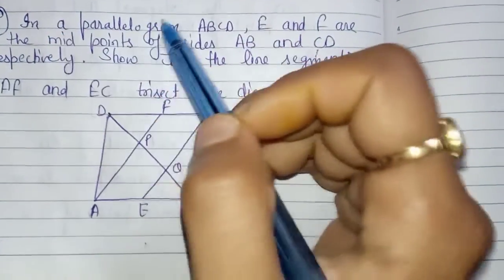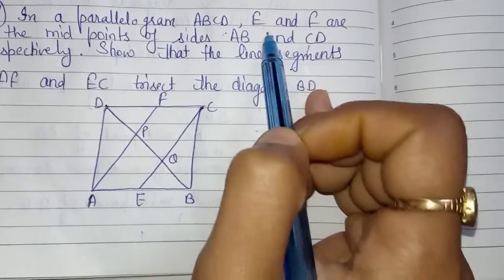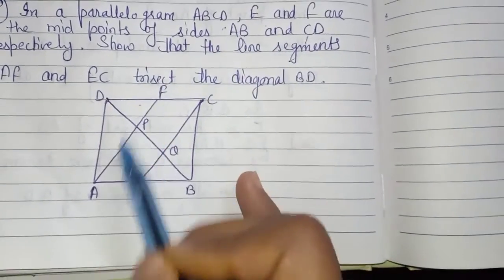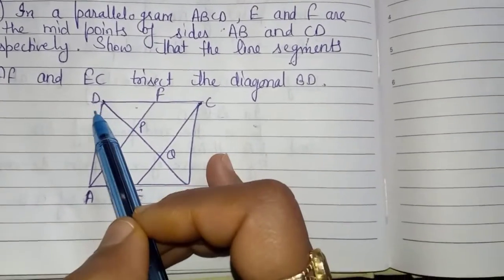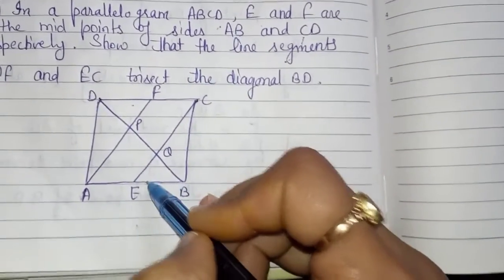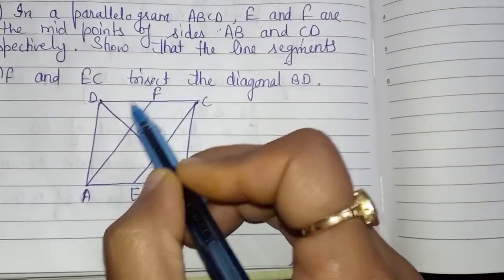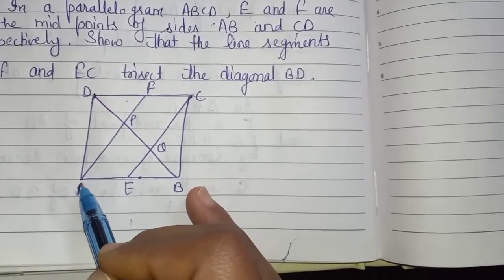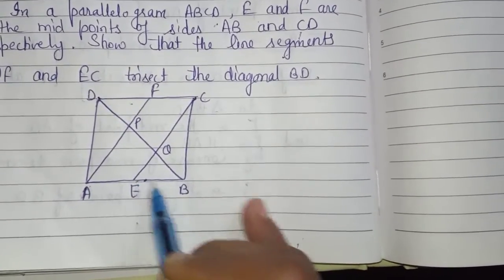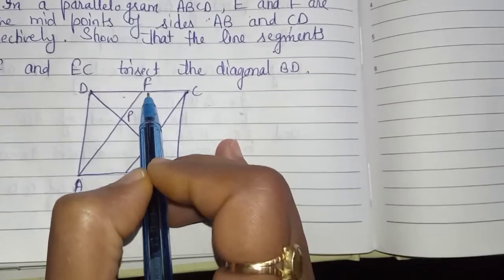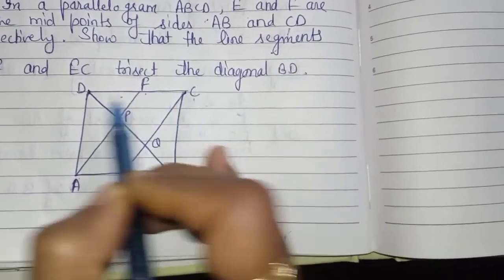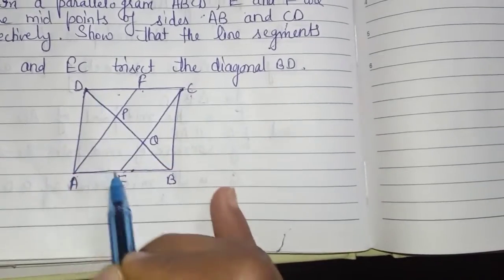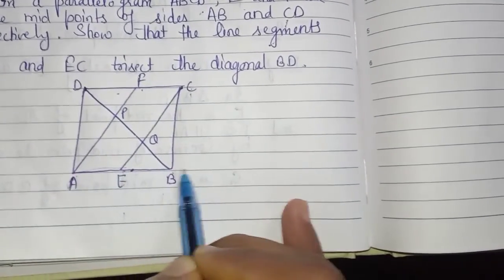Question number 5. In parallelogram ABCD, E and F are the midpoints of the sides AB and CD respectively. So here we have ABCD, a parallelogram in which E is the midpoint of AB and F is the midpoint of CD. It implies AE is equal to EB and DF is equal to FC, means this portion is half of this and this portion is half of this.